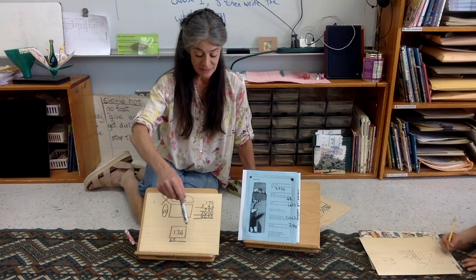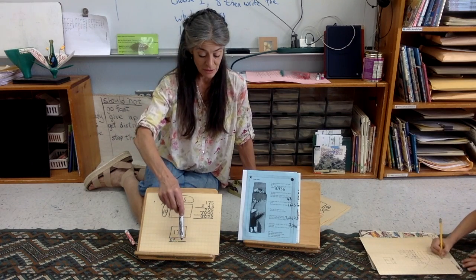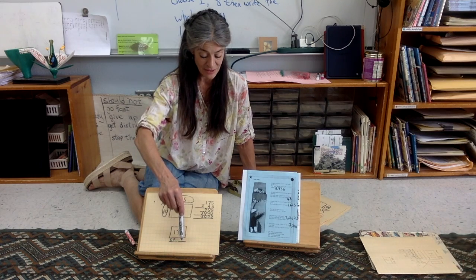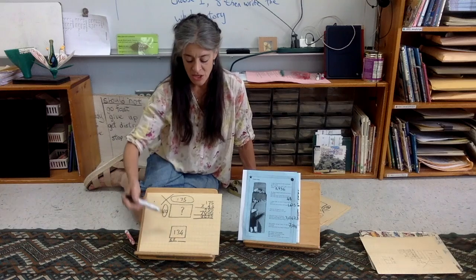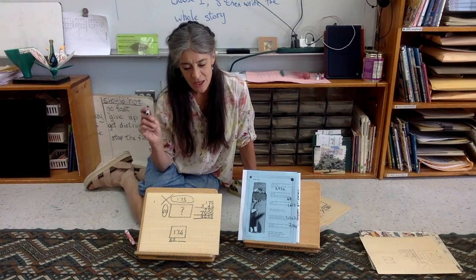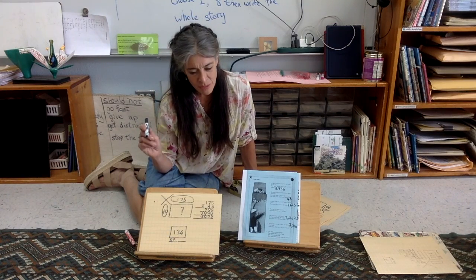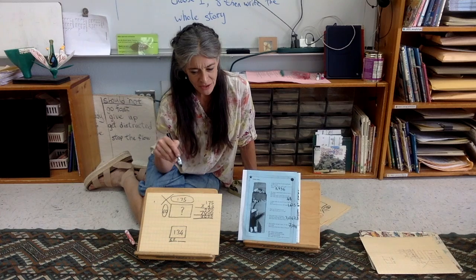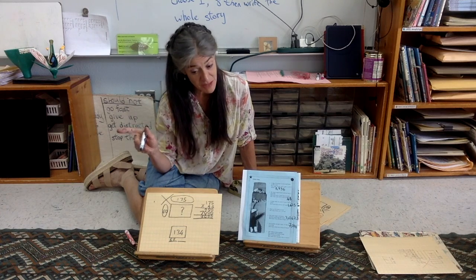What kind of problem is it? Look, it's a takeaway. Minus. Telling you right there. Takeaway. So when we write takeaways, is it important to put one number on top and the other number under? The bigger number has to be the big one on top.